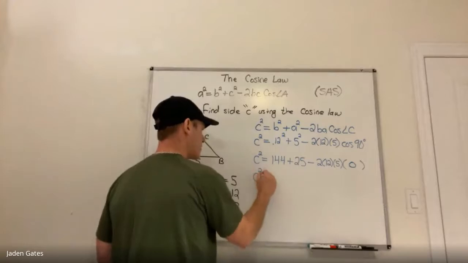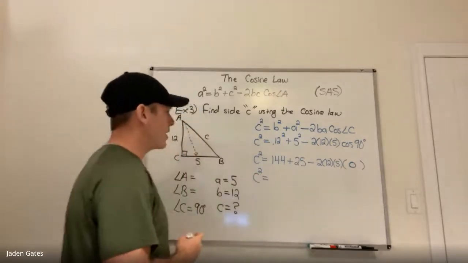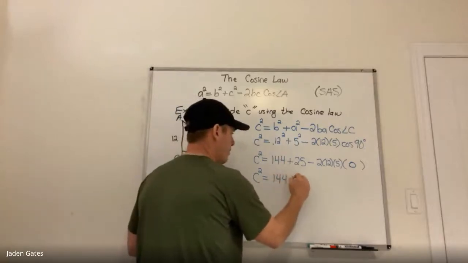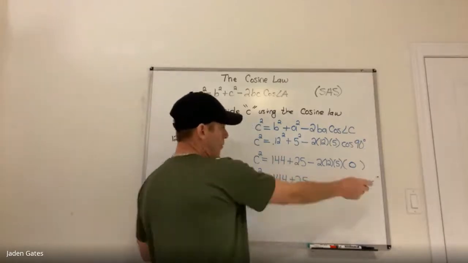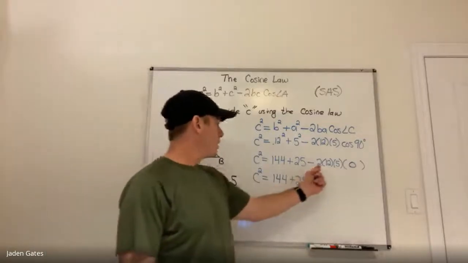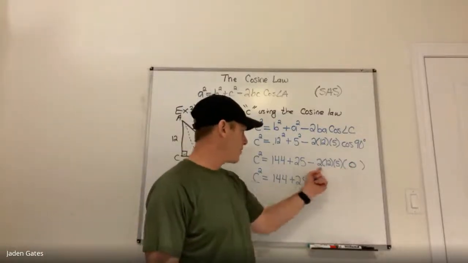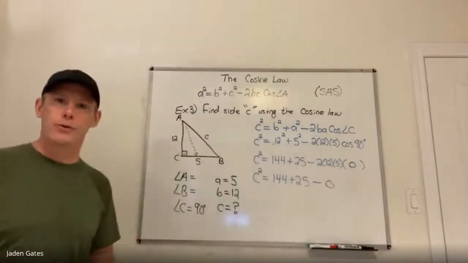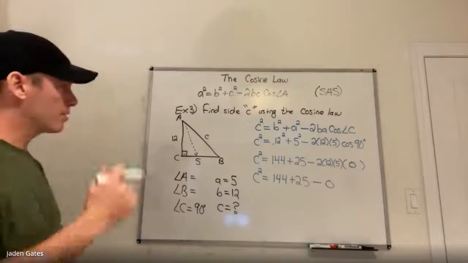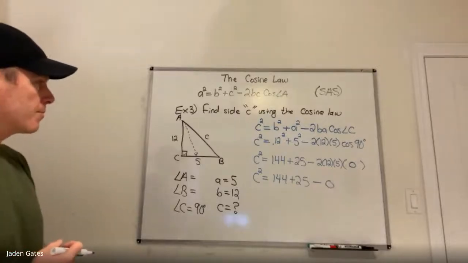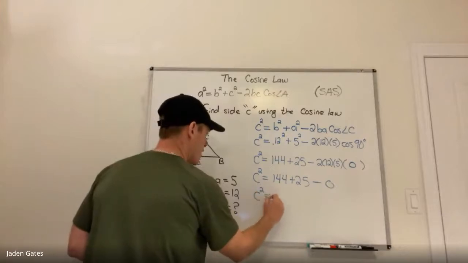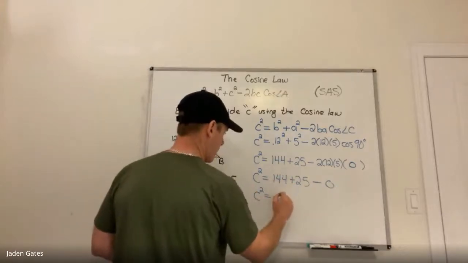All right, so then I get c squared is equal to 144 plus 25. Then I multiply my 4 numbers. Well, 0 times anything is 0, so those 4 numbers equal 0, because if you multiply any of those by 0, it just keeps multiplying by 0. All right, so I keep going now with the adding and subtracting. I get 144 plus 25.